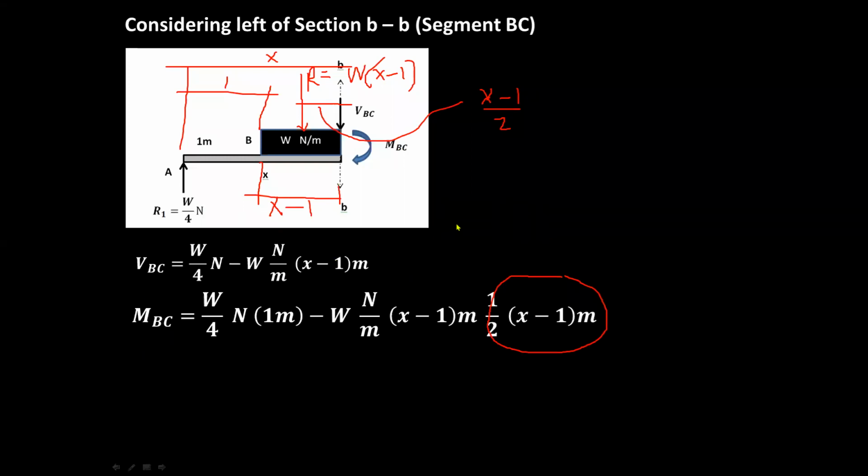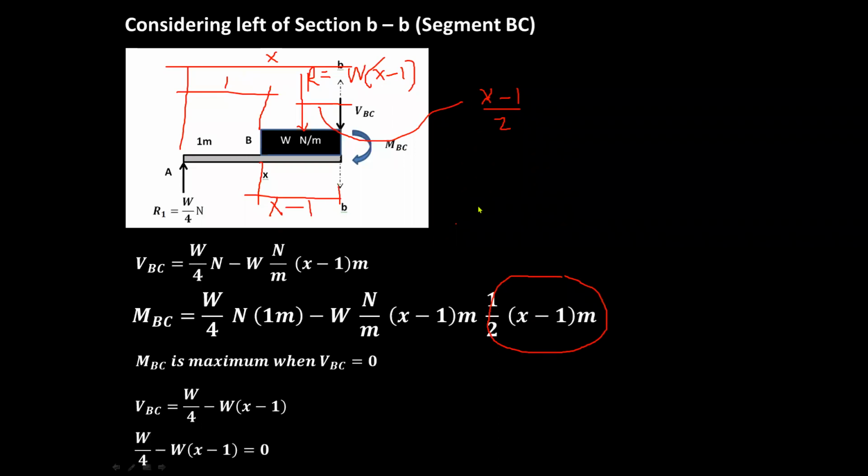And for the continuation, MBC is maximum when VBC is 0. If VBC is equated to 0, we can then get the value for W. Why did it become 1/4 equal to X minus 1? Let me explain. If I equate this to 0, the VBC becomes 0.